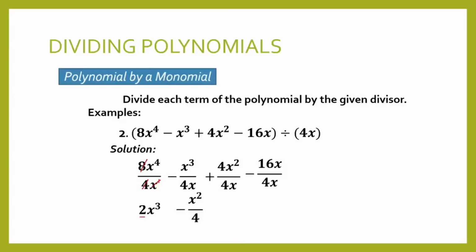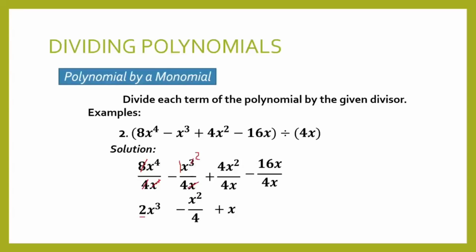For the second term, the numerical coefficient of this is 1, so we cannot cancel 1 and 4, so as is, we will only cancel x in the denominator, and we have a remaining exponent of 2.